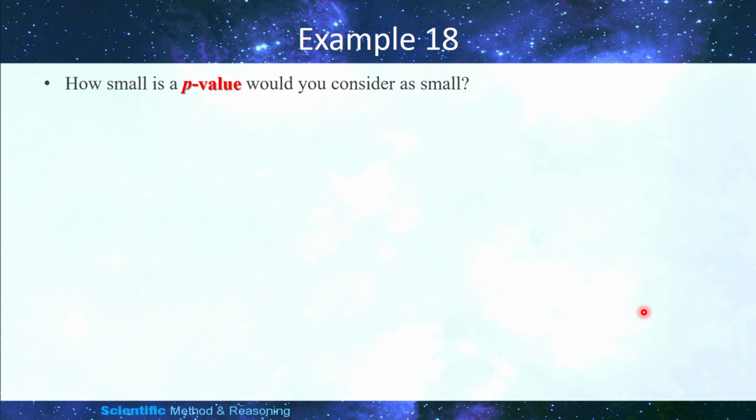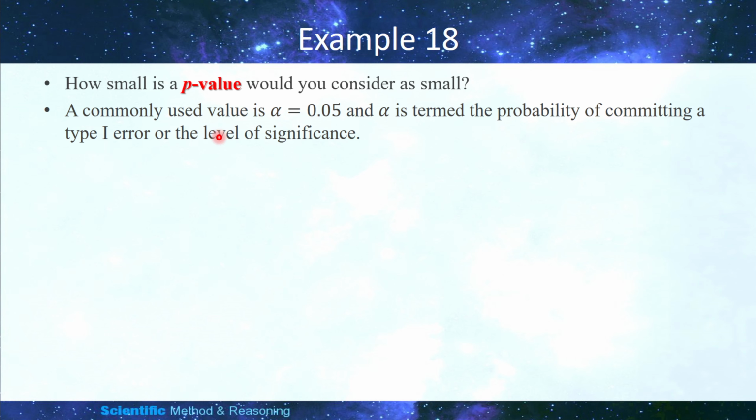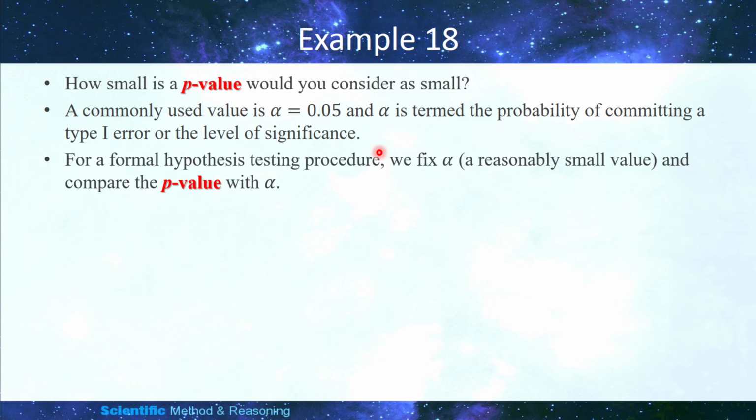The decision is based on the p-value. How small a p-value would you consider as small? A commonly used value is alpha equals 0.05, and alpha is called the probability of committing a type 1 error, or the level of significance in hypothesis testing. For a formal hypothesis testing procedure, we will fix alpha, the level of significance, before we collect the data.